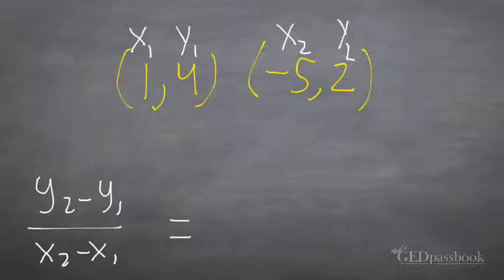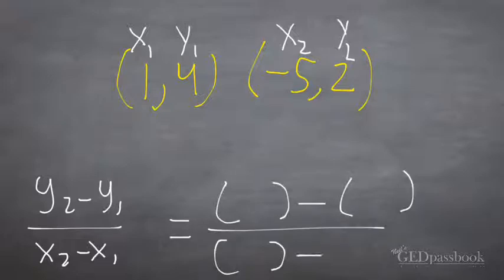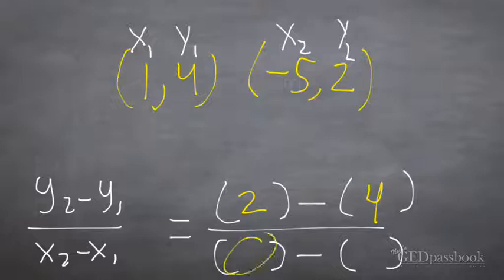So tell me, what should go in this first space right there? What did you say? 2. Oh yeah, 2, and then the y1 is 4, so it's 2 minus 4. And then what about my 2 ones over here? Negative 5 minus positive 1, or yeah, minus positive 1.